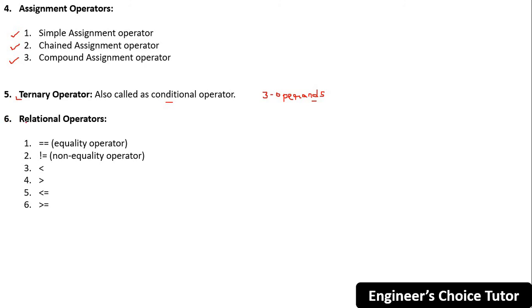So sixth is the relational operator. In relational operators, we will cover double equal to and not equal to. These two are also called equality operators. This is the equality operator and this is the non-equality operator.